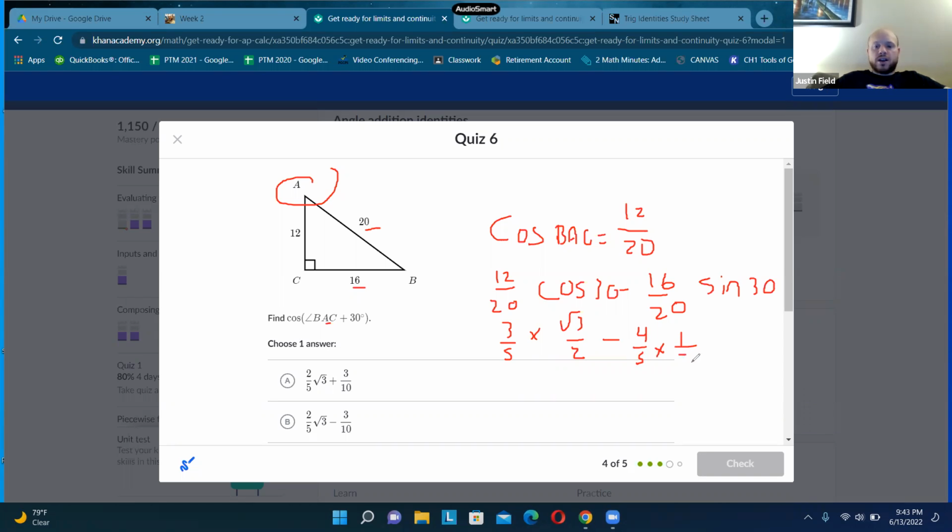So you see again, with the calculus, you must be able to do fractions easily. If you can't do fractions, you gotta practice. And why can't you do your fractions? How did you get to this class? Anyway. All right, so 3 root 3 minus 4 over 10.